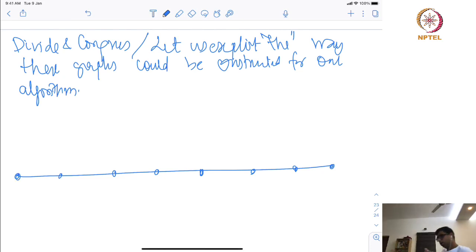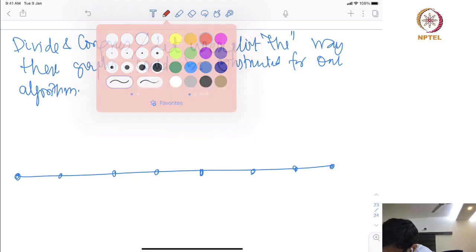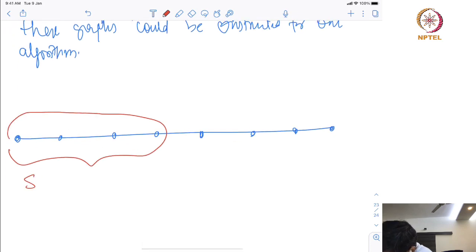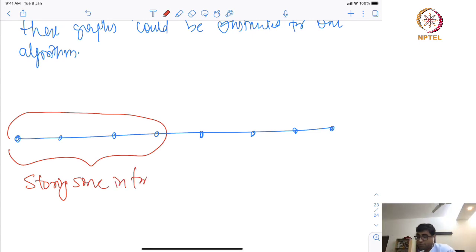Okay. So, the idea will be that, look, suppose somehow I knew, or I am storing some information for this graph, say G_i, which consists of, say, the first i vertices.